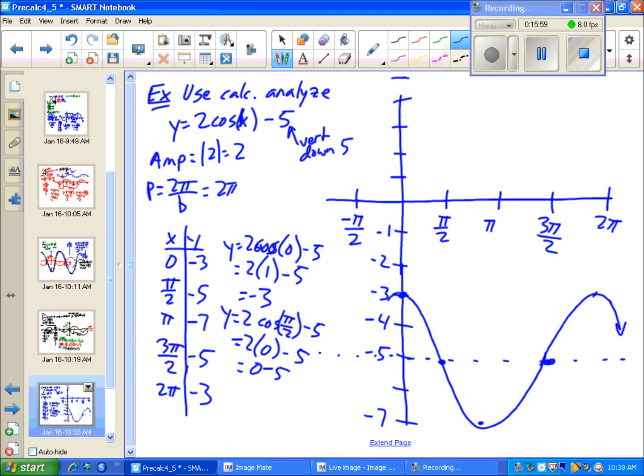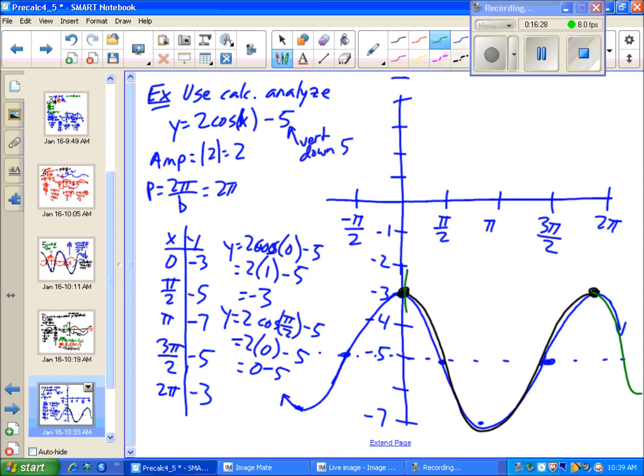Negative pi halves, we're going to be at negative 5. Negative pi, we're going to be at that negative 7, and so on. Now, can you see our period here is 2 pi? You might even think about it going from here, and I repeat this pattern again, don't I? If I repeat it in green, it's going to repeat that same pattern down and up again.